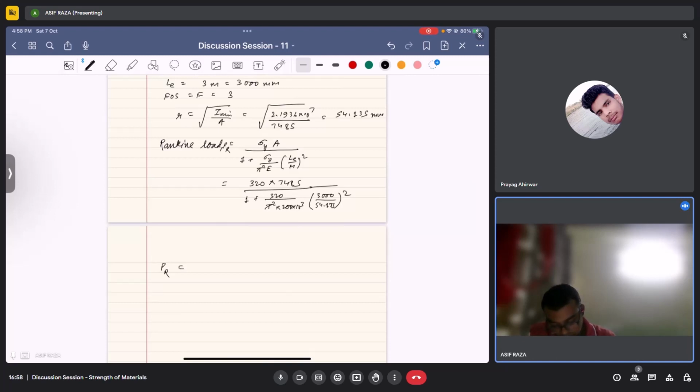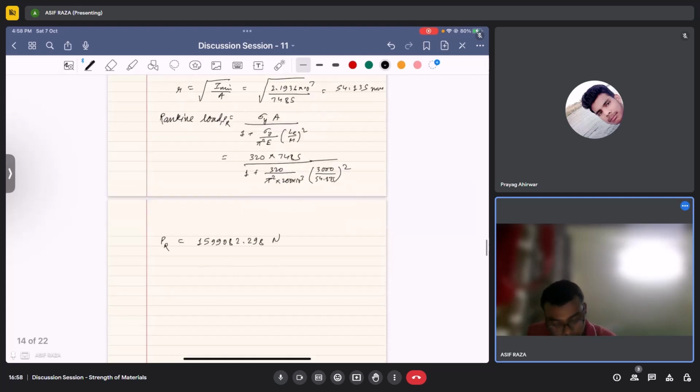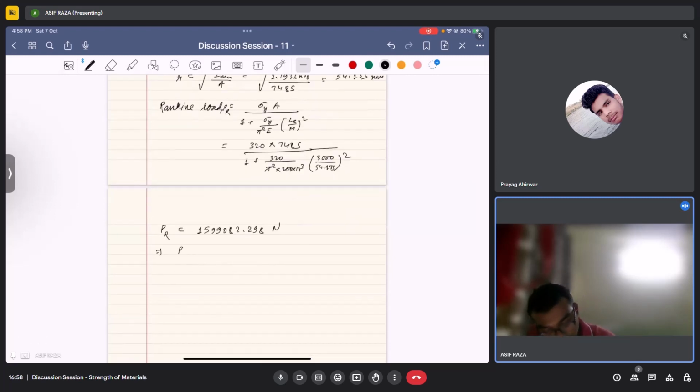So this comes around 1599082.298 Newton, or you can write PR is 1599 roughly kilonewton.